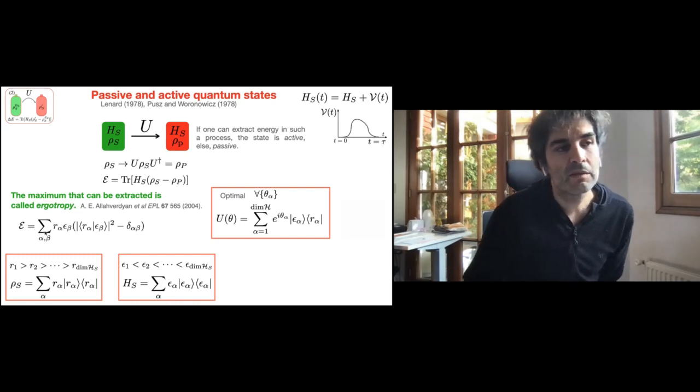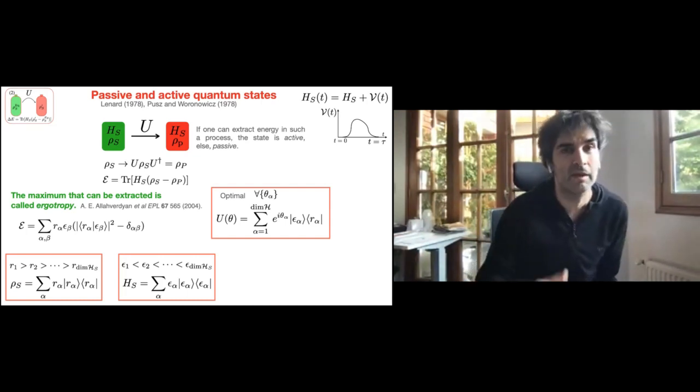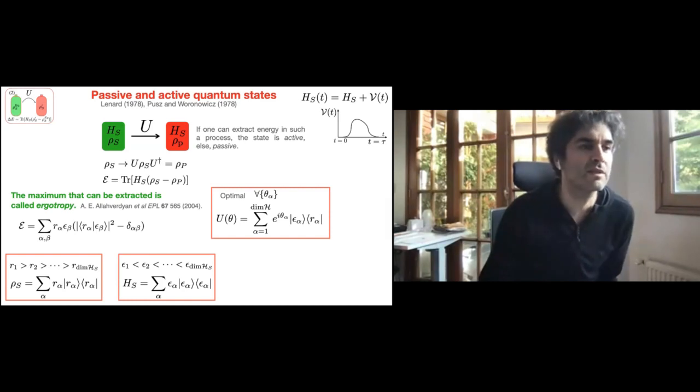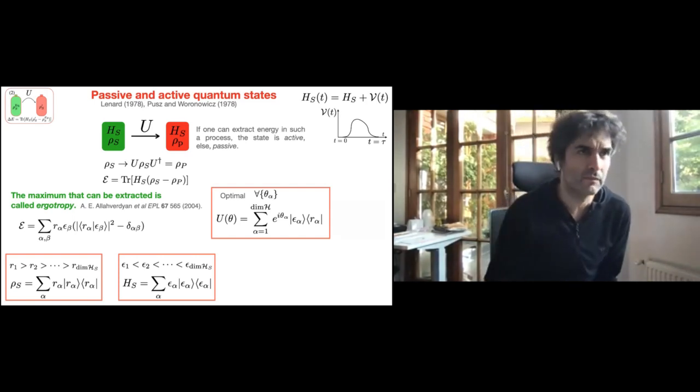Usually, because the ergotropy does not depend on the value of these phases, you will see that this exponential is replaced by 1. Equivalently, you can say that all these theta variables are fixed to 0, right?